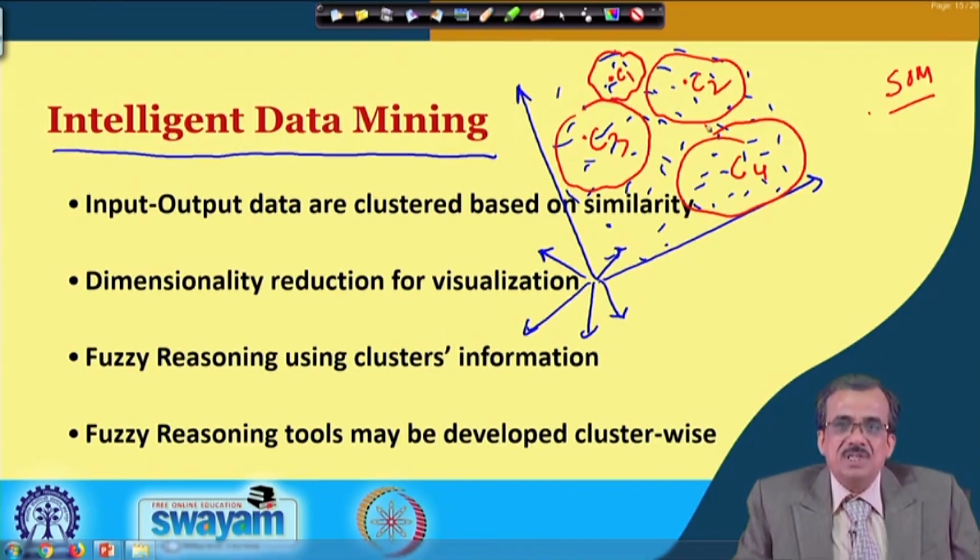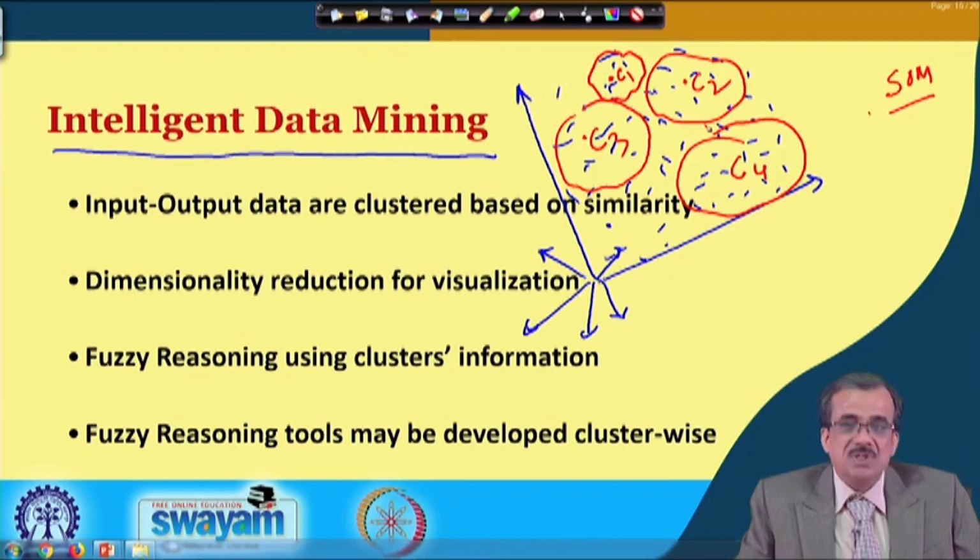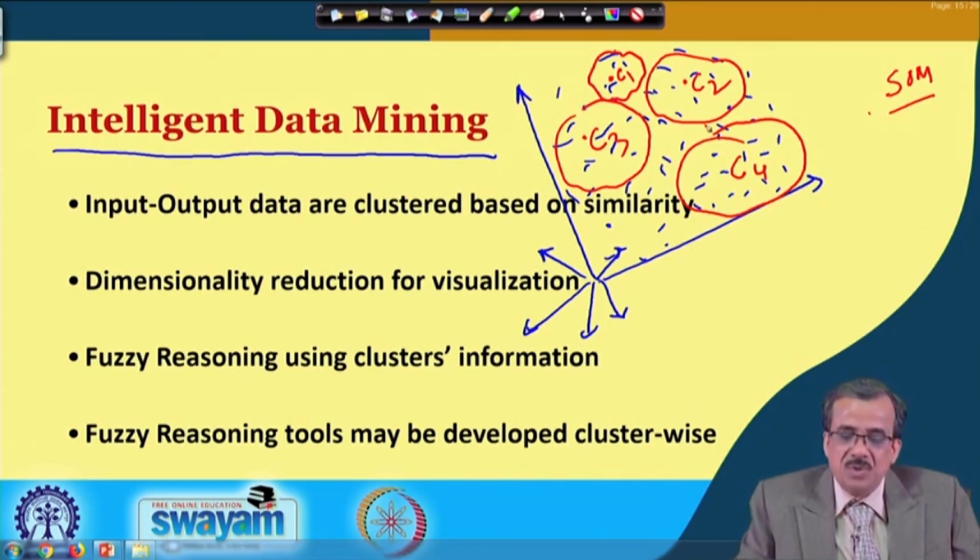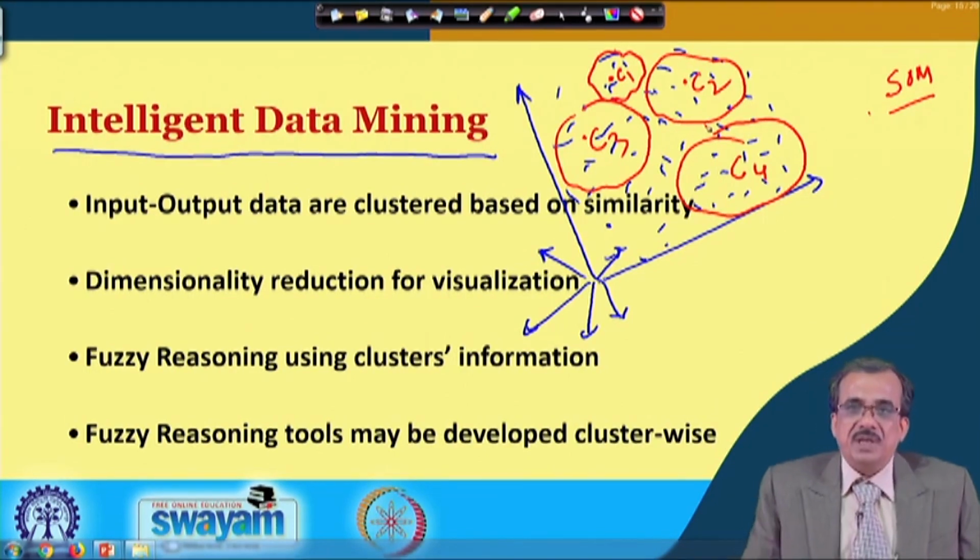Now, once you have got these clusters, we can go for some sort of cluster wise regression, or we can go for some sort of development of fuzzy reasoning tool, so that we can do this modeling very accurately.